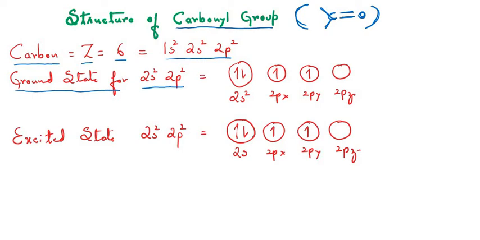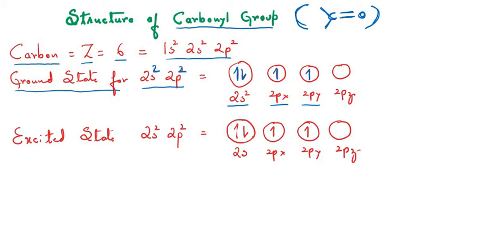Here I have written the electrons present in the 2s orbital, 2px orbital and 2py orbital, whereas the 2pz orbital has no electrons. Is it clear, students? The total number of outermost electrons is only 4. So the two electrons are in the 2s orbital, one in the 2px orbital and one in the 2py orbital, while the 2pz orbital is empty.